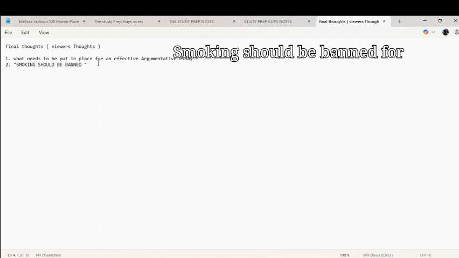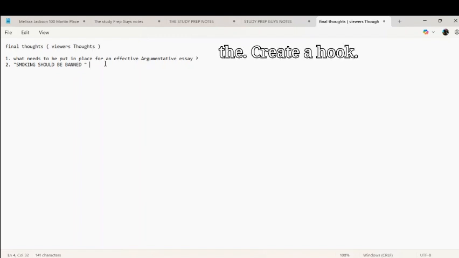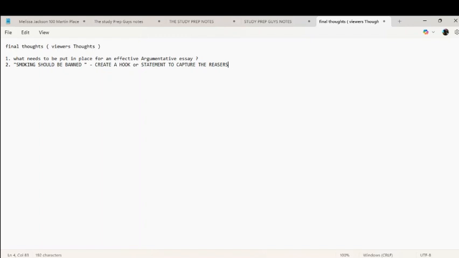Create a hook or statement to capture the reader's attention in the first two lines.